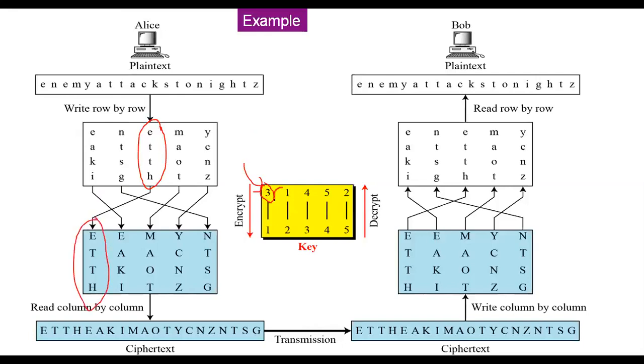Now, this 1 indicates the first column is placed at the second position. The first column is written as the second column. Now, this indicates the fourth column is written as the third column. This is the fourth column. This is written as the third column. Just I have exchanged the columns like that.